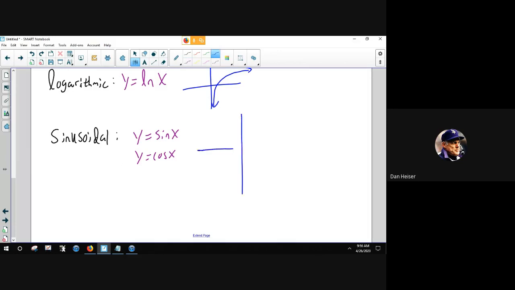We know that every sine graph can be written as a cosine graph. Every cosine function can be written as a sine function just by shifting. I'll graph a sine function, but it could also be a cosine function. And there we have it.